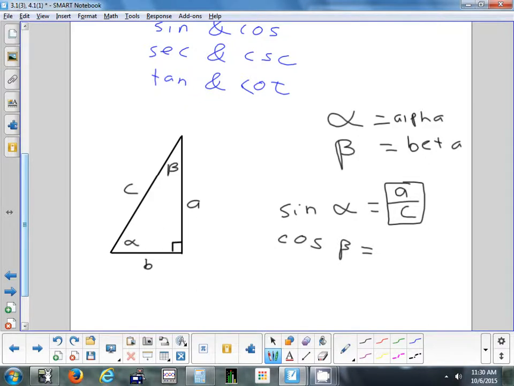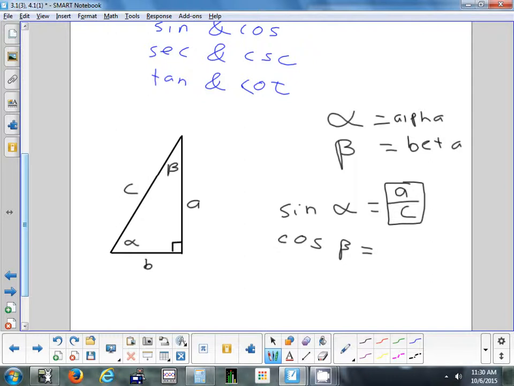Let's find the cosine of beta. Watch what happens here. Cosine of beta. Jacob, what two sides do we use for cosine? Opposite and hypotenuse? That's sine.